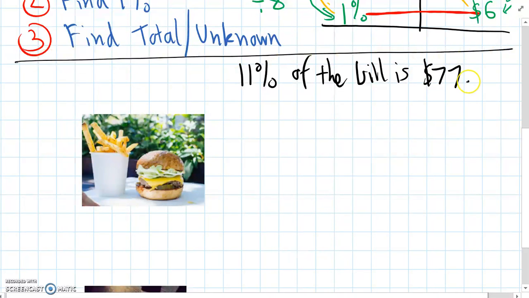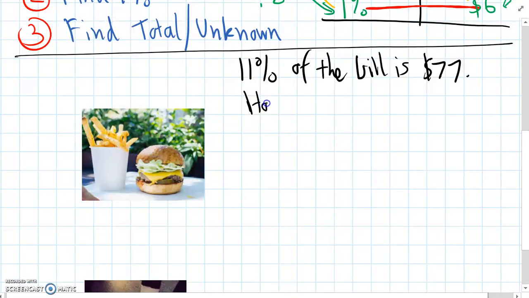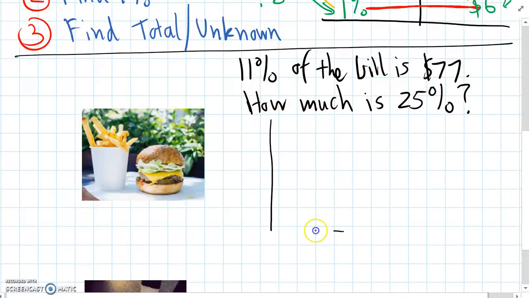And we want to know how much of that bill, of the total, is 25% worth. So there's a lot of information here, but the double number line can help us to sort through all that information.